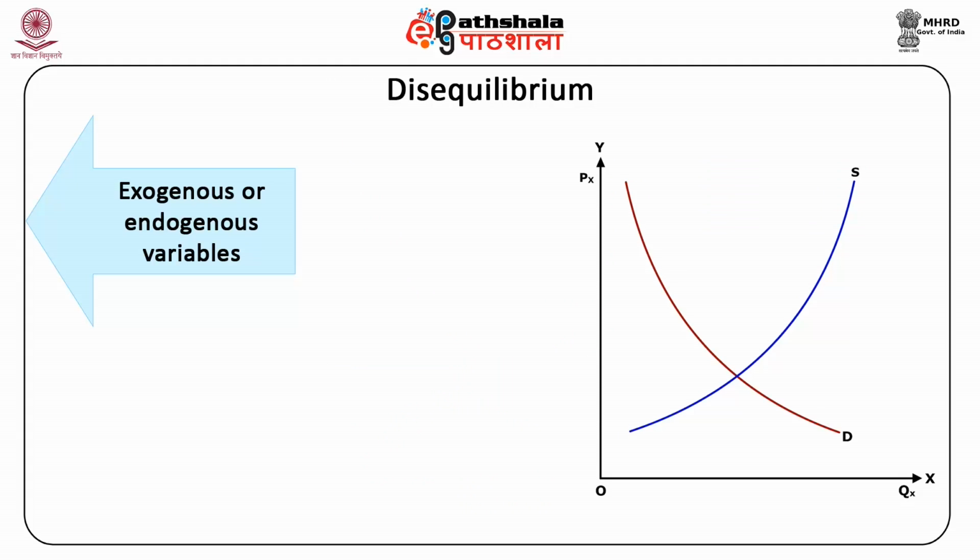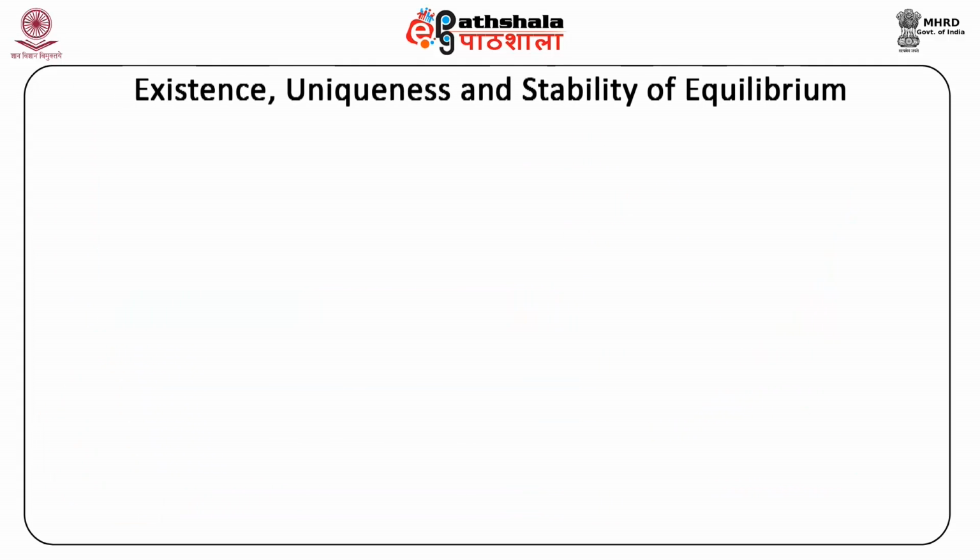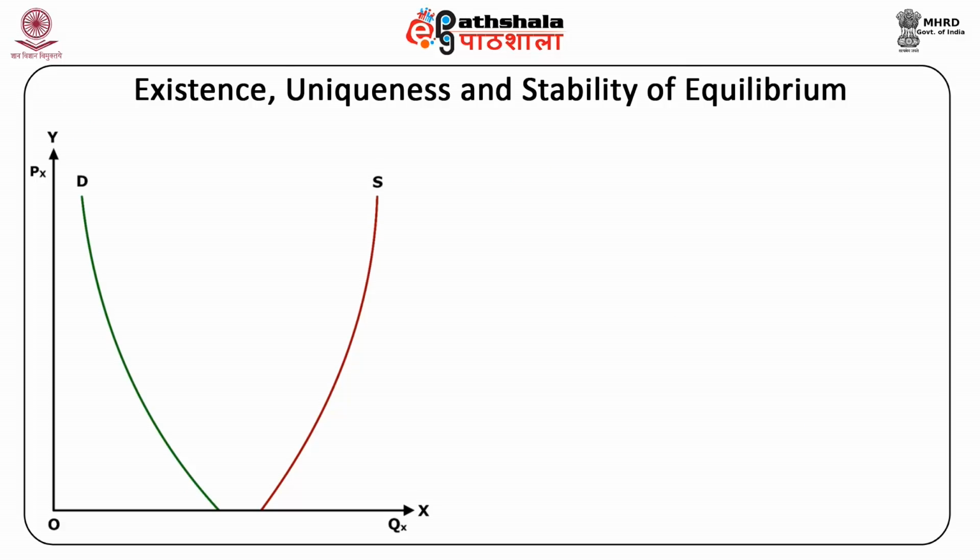When exogenous or endogenous variables or some structural imbalances prevent equilibrium being reached or maintained, the resulting disturbed situation is known as disequilibrium. In the diagram, any point other than the point of intersection is a point of disequilibrium. It is not necessary that there will always be an equilibrium situation.